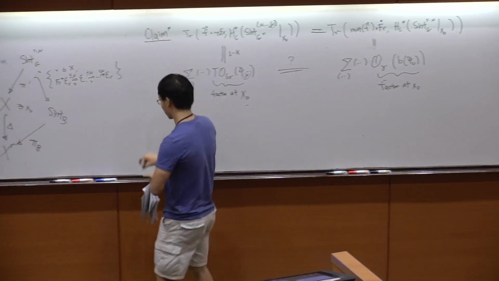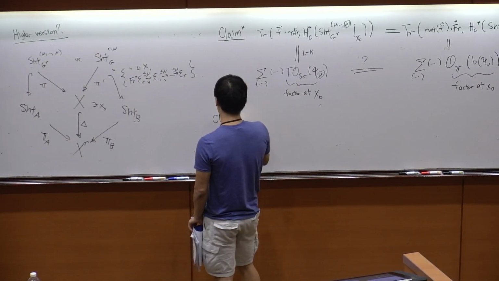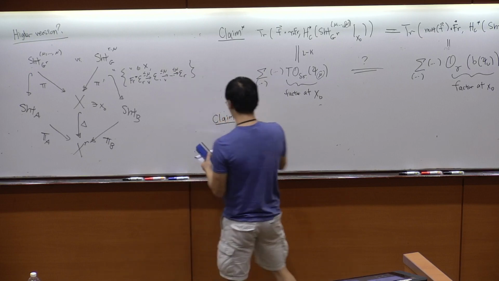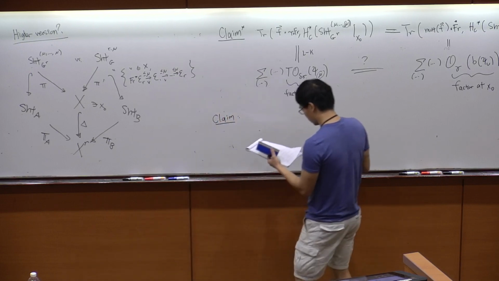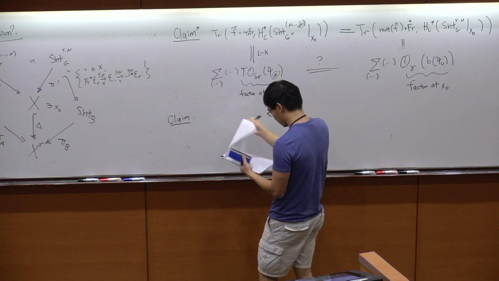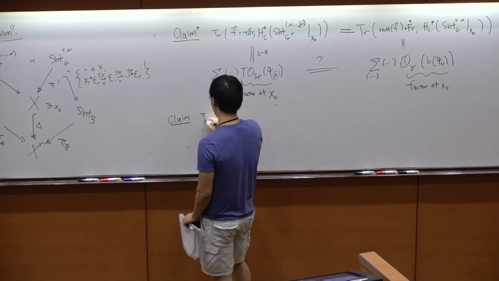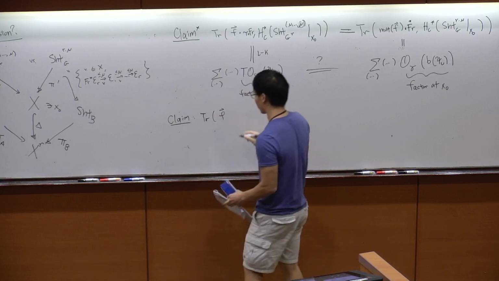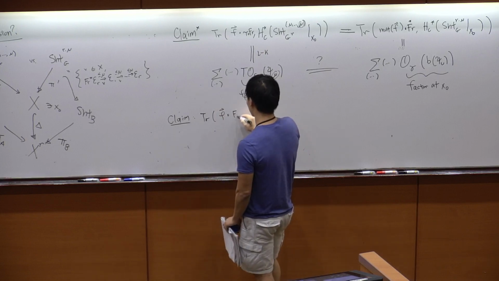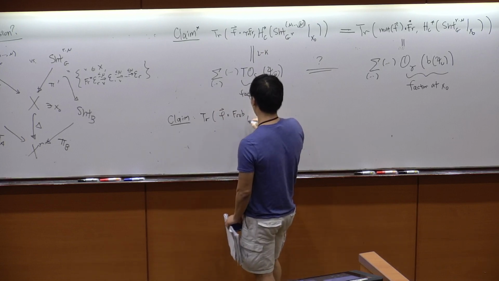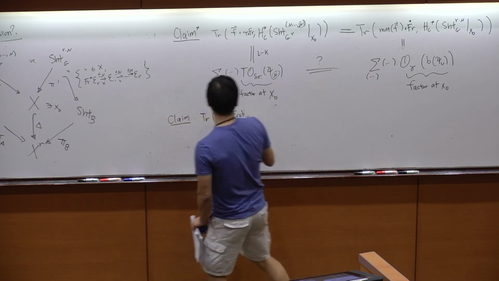Okay, so here's another claim. How do I want to say this? The trace of a sequence of Hecke operators composed with Frobenius on the fiber here.